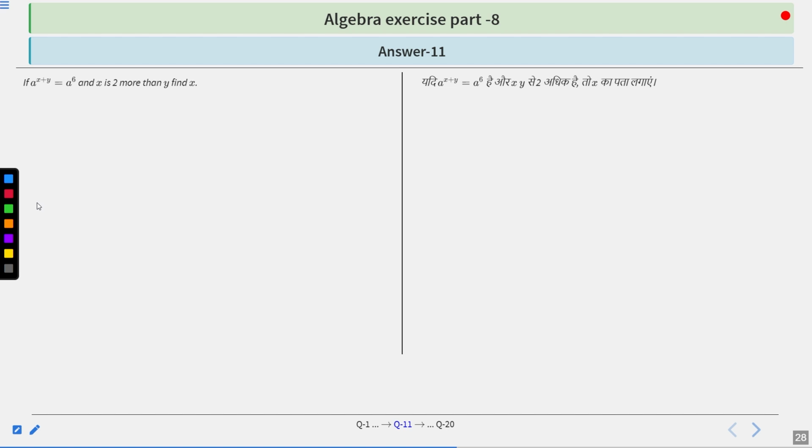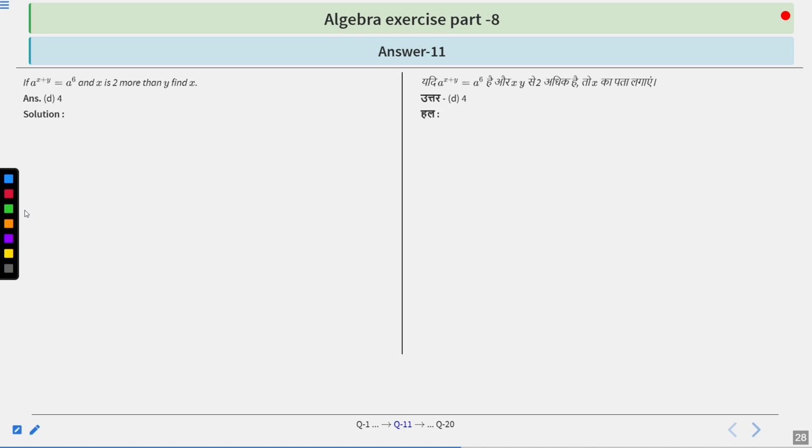Now, a raised to power x plus y is equal to a raised to power 6 and x is 2 more than y. This thing was given to us and we have to find the value of x. The correct answer to this question is option number D, 4.